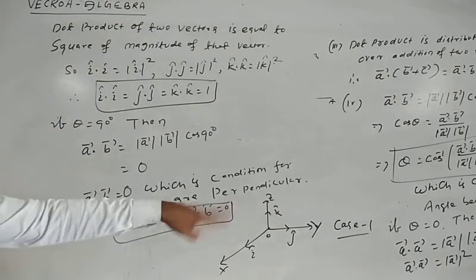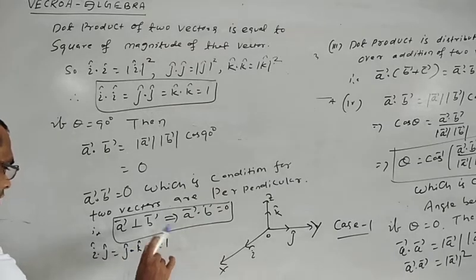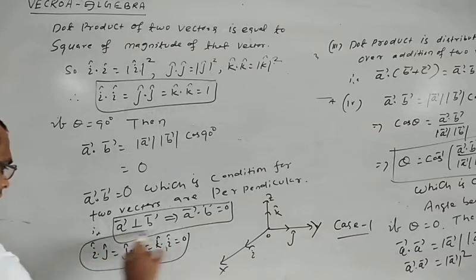So clearly these are mutually perpendicular. So I cap dot j cap equal to j cap dot k cap equal to k cap dot I cap equal to 0 because I, j, k are mutually perpendicular vectors.